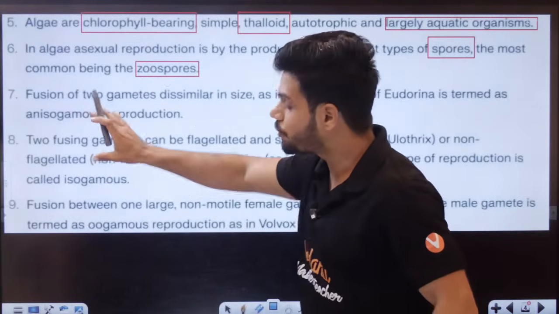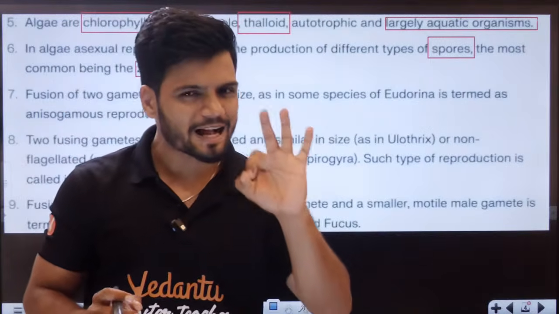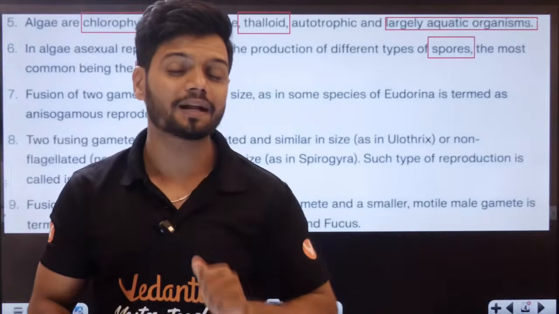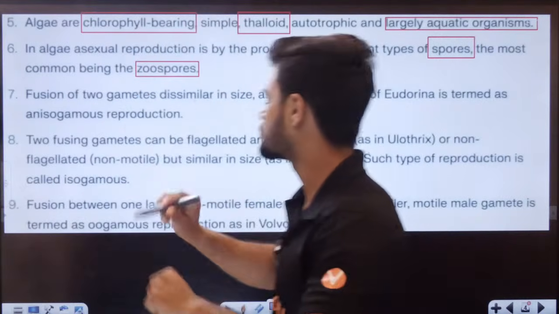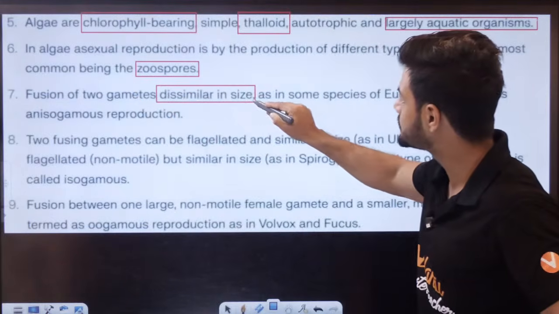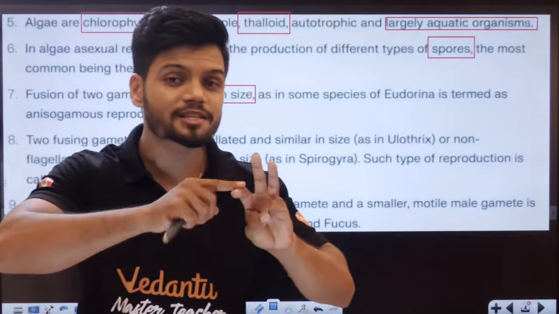Now, what about sexual reproduction? Sexual reproduction is actually of three types here. It depends on the shape and the size of gametes. So there are three categories. First is called isogamy.